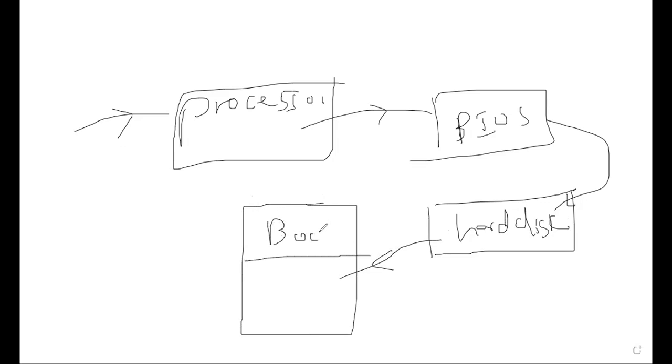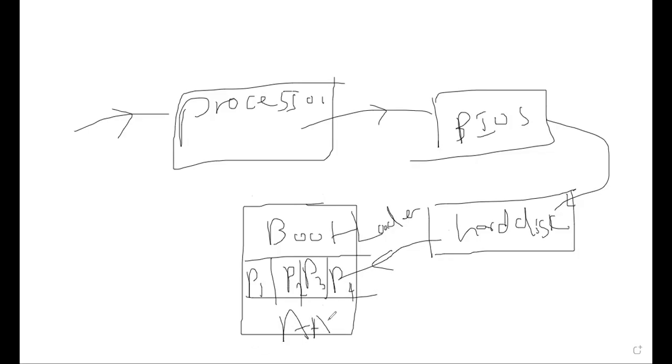We have the bootloader. We have the partitioning table. Partition 1, partition 2, partition 3, partition 4, and we have the finishing sector ID, AA55. So it will figure out our partitions.